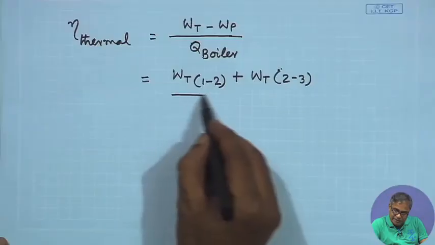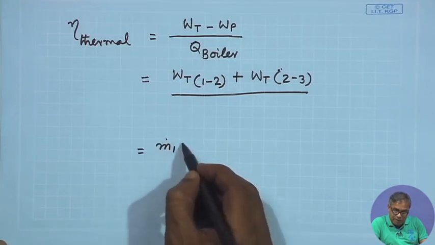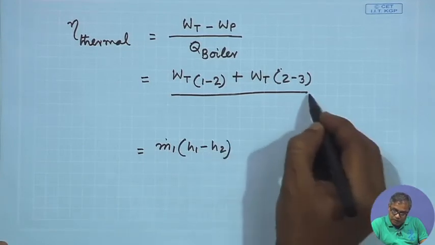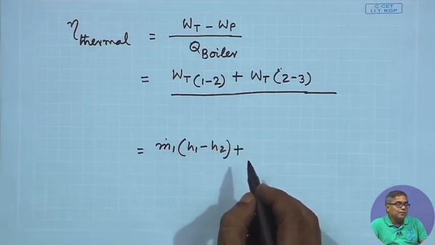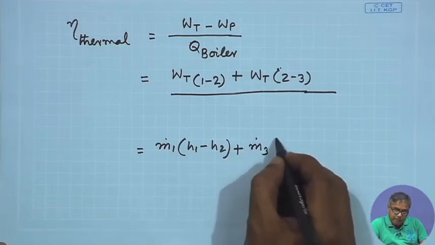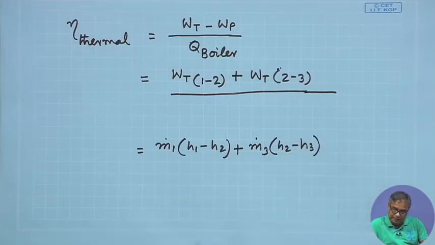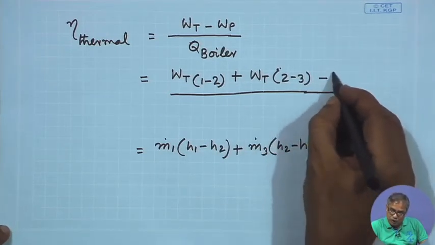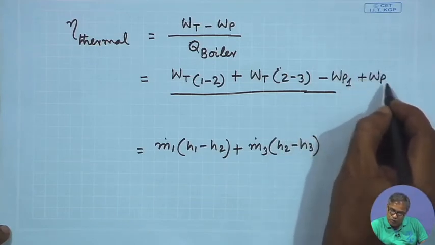So we can write m dot 1 into H1 minus H2 plus m dot 3 multiplied by H2 minus H3. This is the turbine work. Then there are two pump works, so W_P1 plus W_P2.